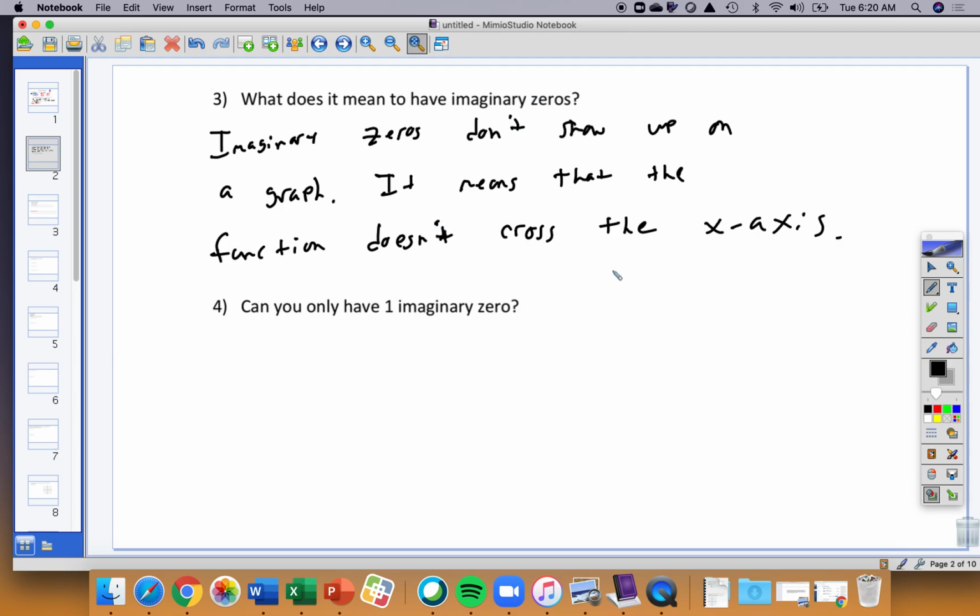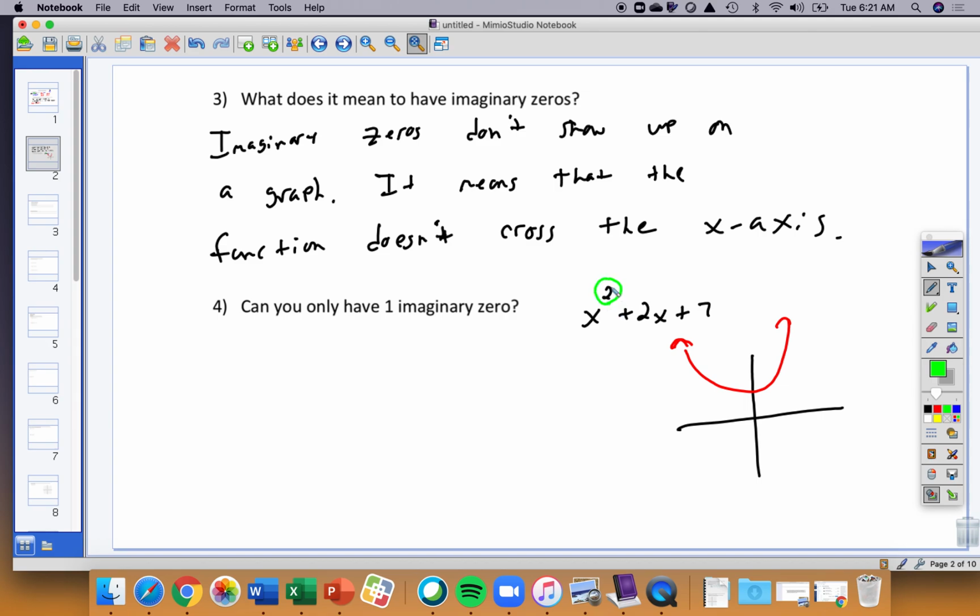Now, let's talk about this. If I had the function x squared plus 2x plus 7, this function looks like this. It never crosses the x-axis, even though my highest degree is 2.